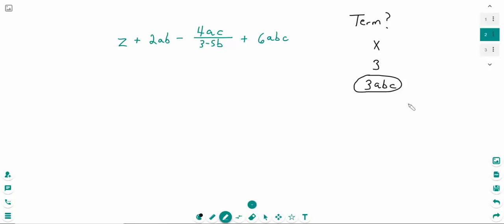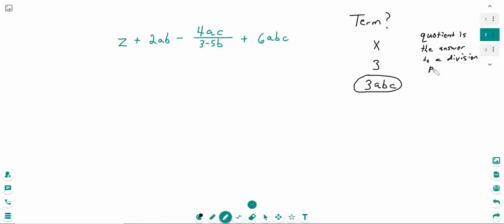Another way that you can have a term is to have an indicated quotient. Now, we didn't talk about quotient, but hopefully you recall that quotient is the answer to a division problem.